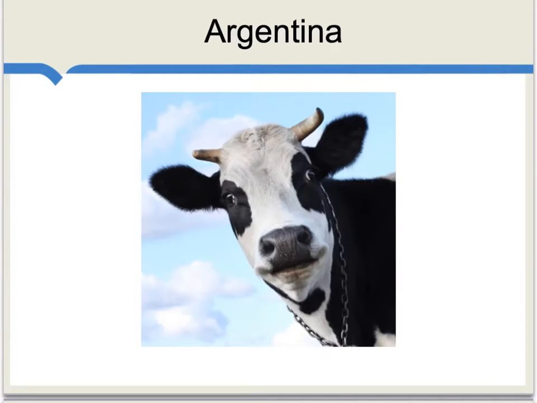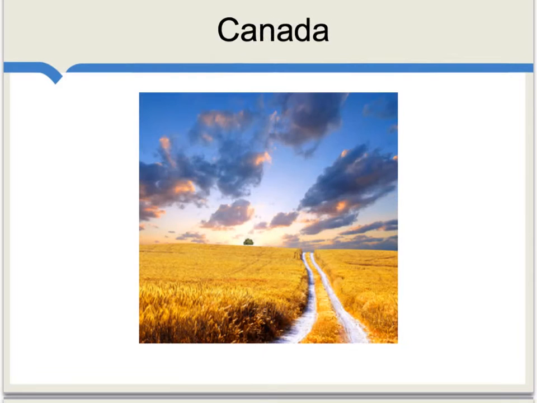If we consider Argentina, which had both high growth and high tariffs during this period, a lot of their economy was being driven by the export of beef. If we look at Canada, another country with high growth and high tariffs during this period, a lot of their growth was driven by the export of wheat and other staple commodities.